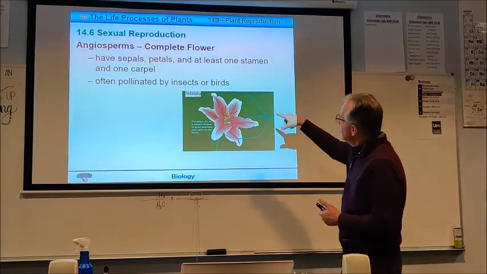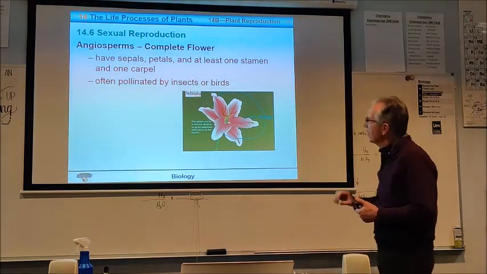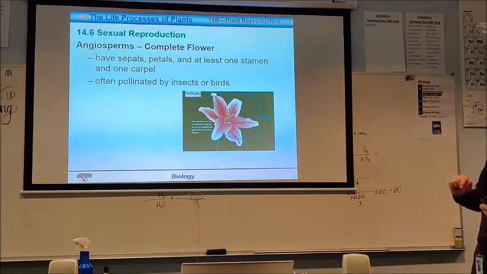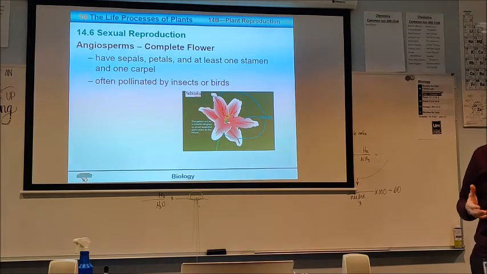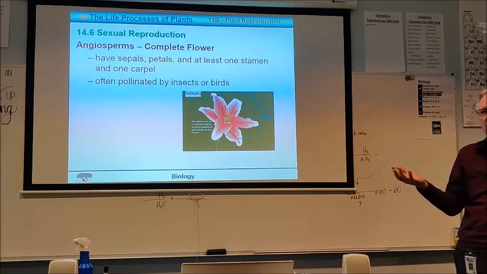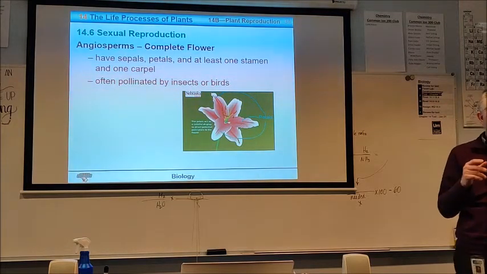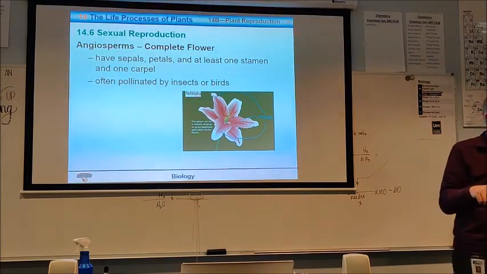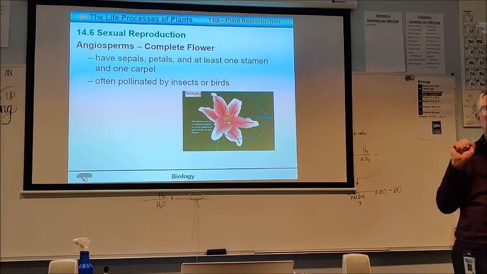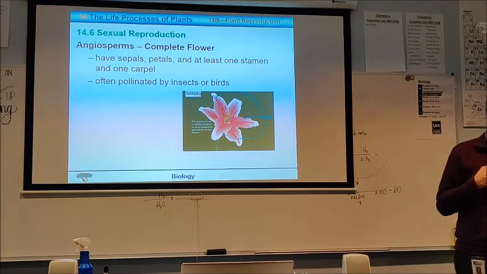They have at least one stamen. These are the stamens right here, and then one carpel. But birds and insects are attracted to certain flowers because of the beautiful petals that they have. If they're not pollinated by birds and insects, then there's no need for petals, as far as the plant is concerned.